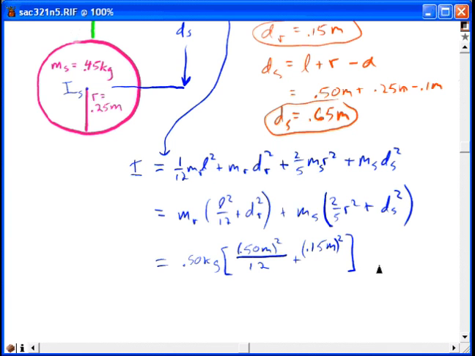And then I got plus the m sub s given as 0.45 kilograms, times 2/5 times the r squared, where r is 0.25 meters.